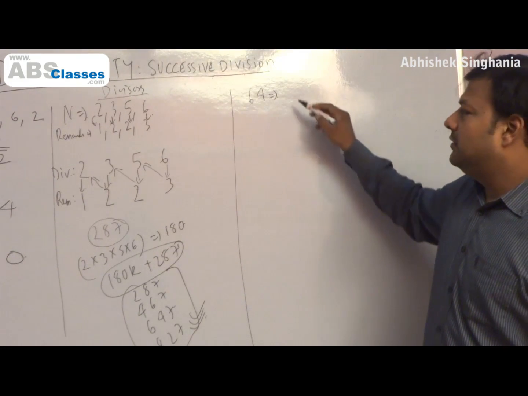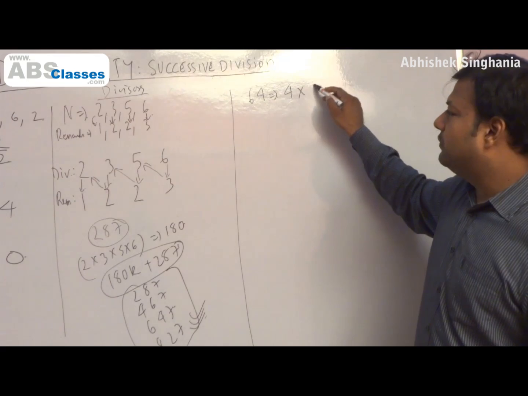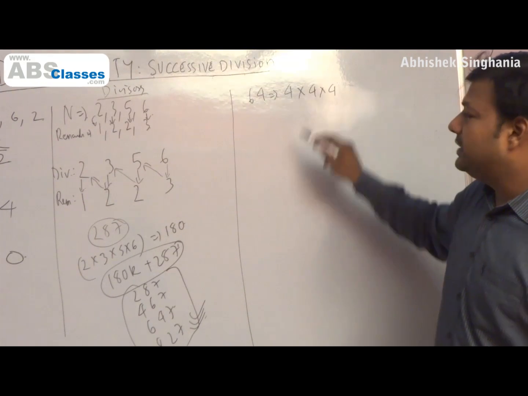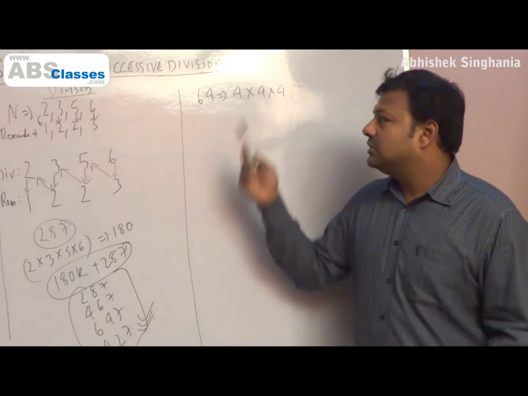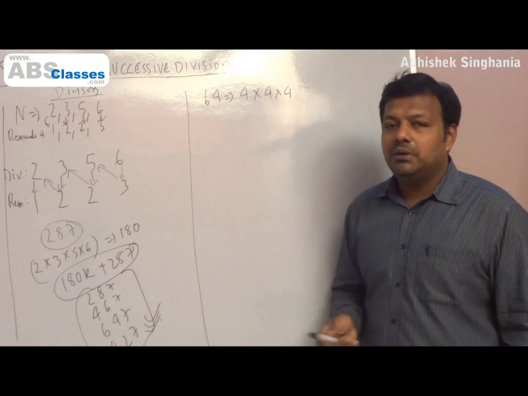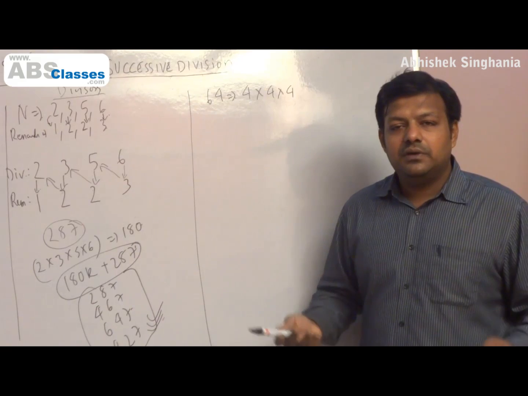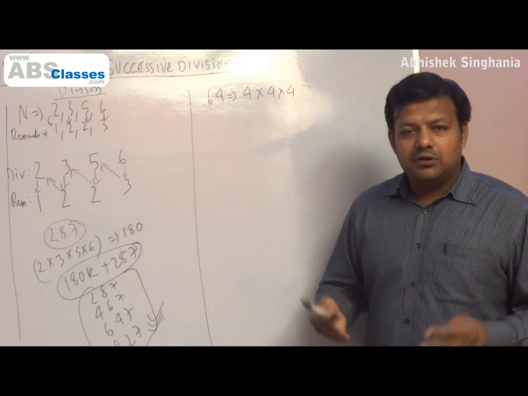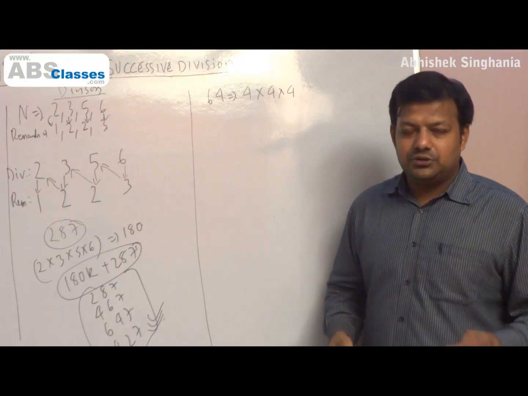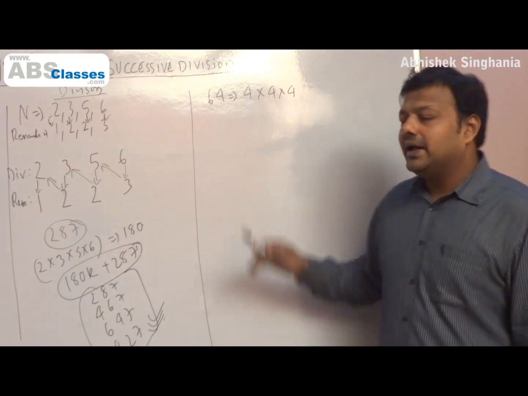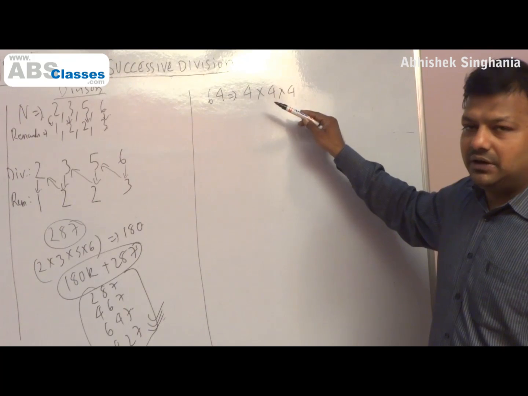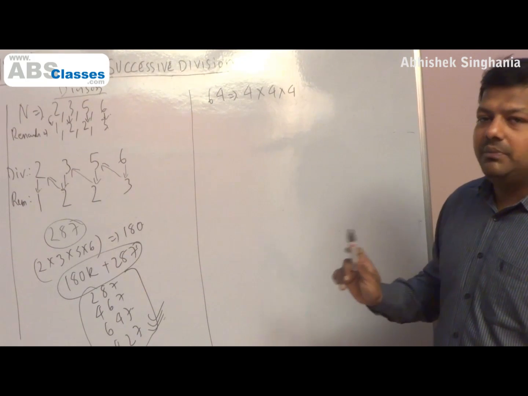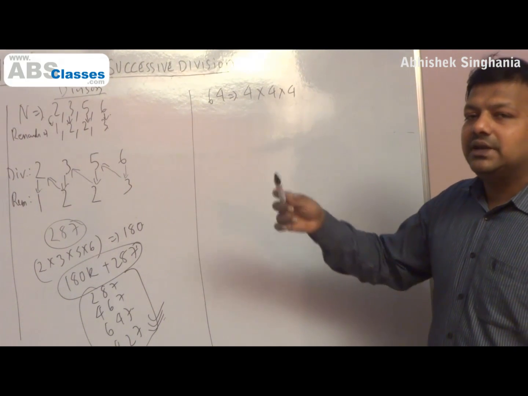But 4 into 4 into 4 is not the most appropriate way of writing it, as we understood from the divisibility module, because I need to break it up as a product of co-prime numbers. But 64 has only one prime factor, 2. I cannot break it up as a product of co-prime numbers. So how can I make my job easy? I can still do divisibility by 4, all the 3 fours. I can use this method. The only thing I have to keep in mind is I'll have to use successive division.